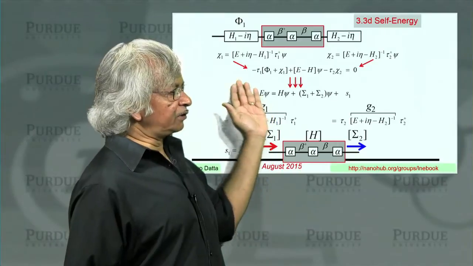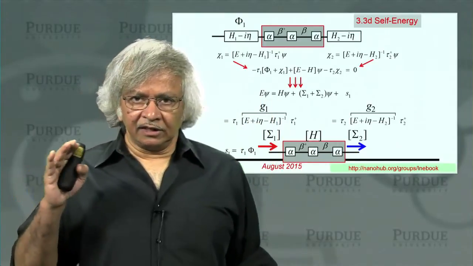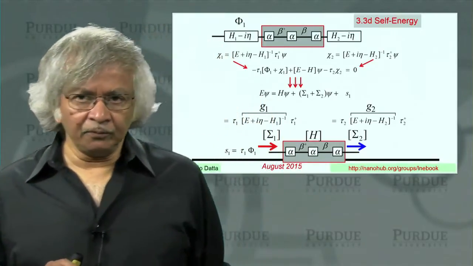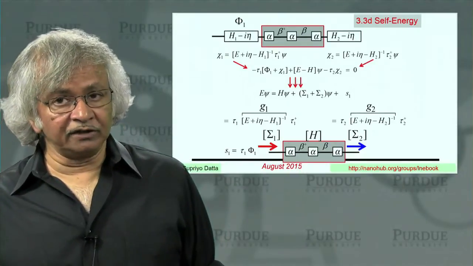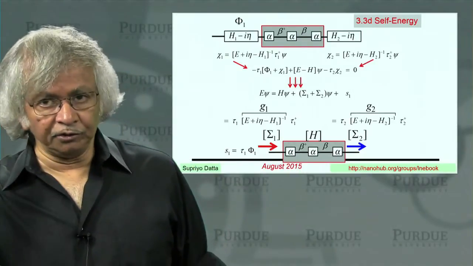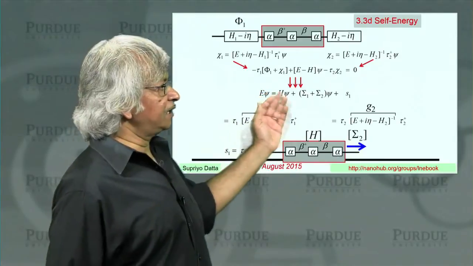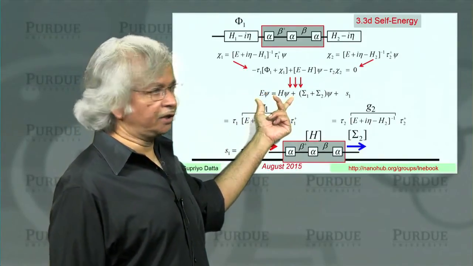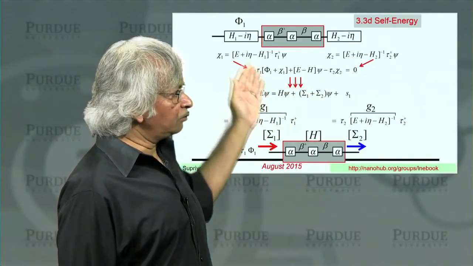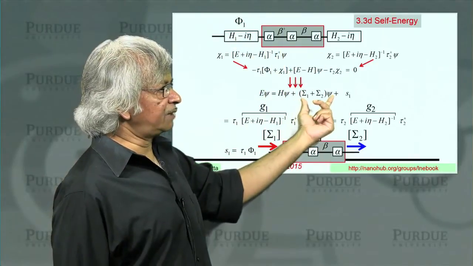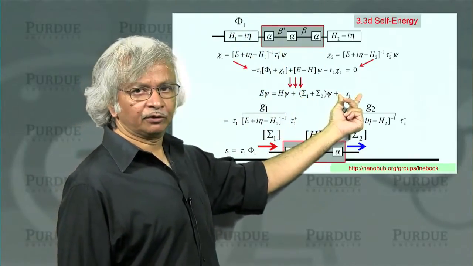So what we have managed to do is obtain a general expression that looks just like what we had done for 1D in unit 2. That is, E psi equals H psi. That's the usual Schrodinger equation. But now we have put in these boundary conditions and come up with the outflow term and the inflow term.